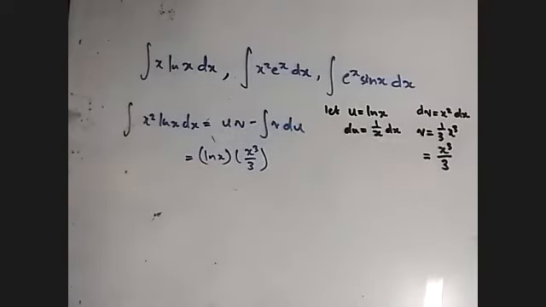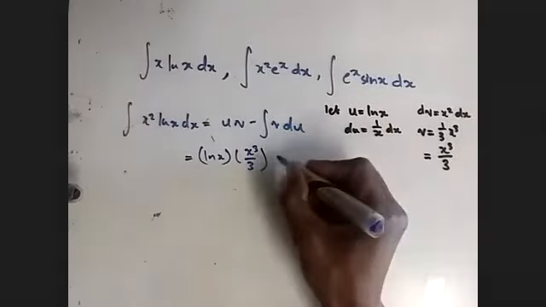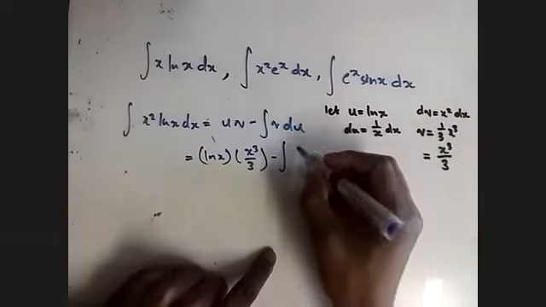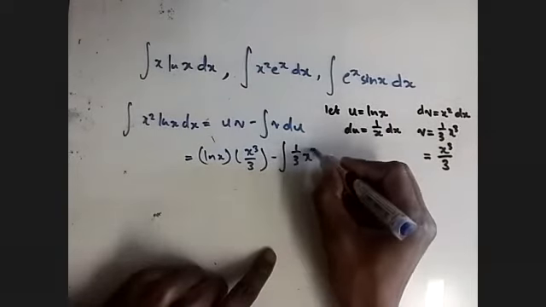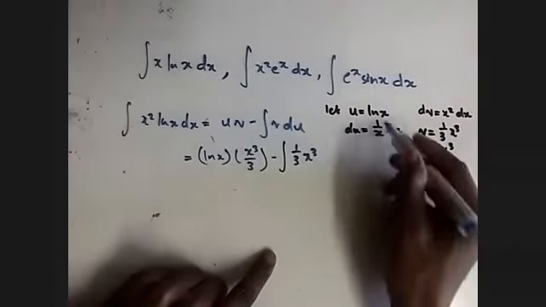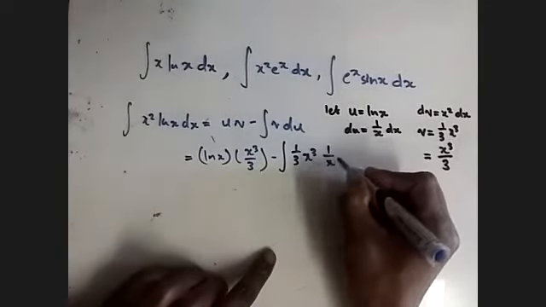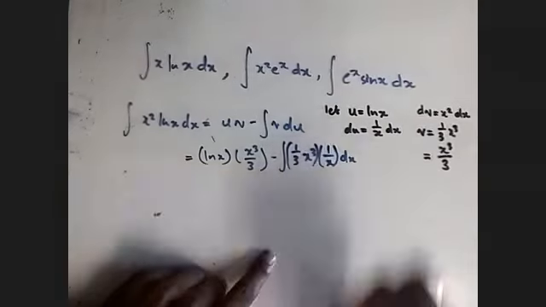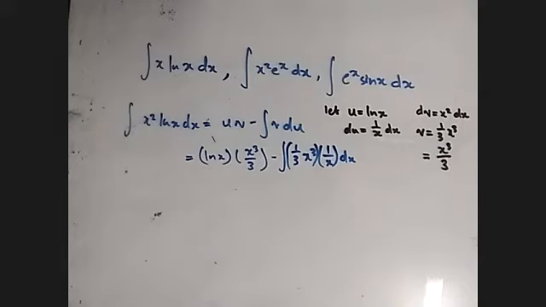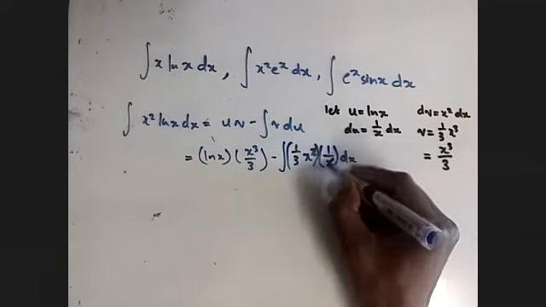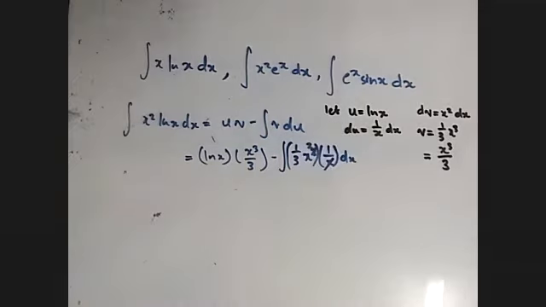Then the next part becomes minus the integral of v, which is 1/3 x cubed, and then our du is just this 1/x dx. Let me show you there's a difference between these two. We see that we've got x cubed here and x here, so it becomes x squared.